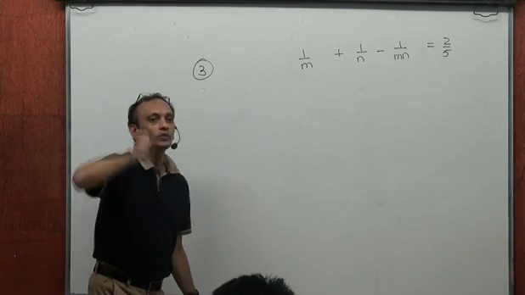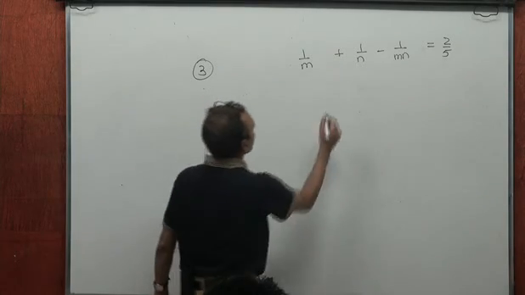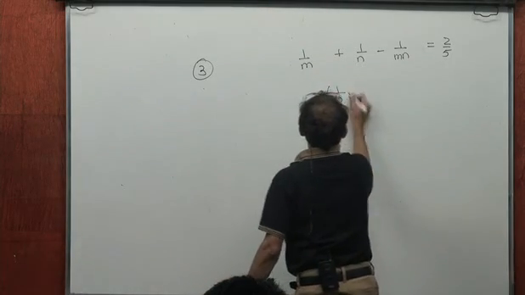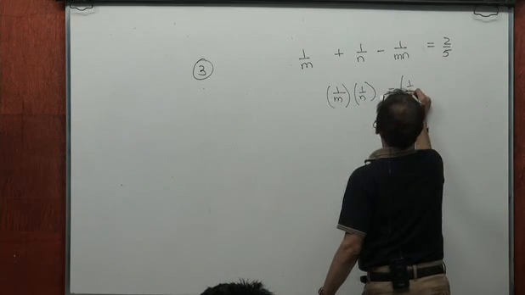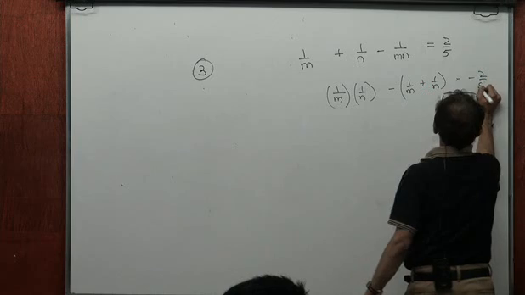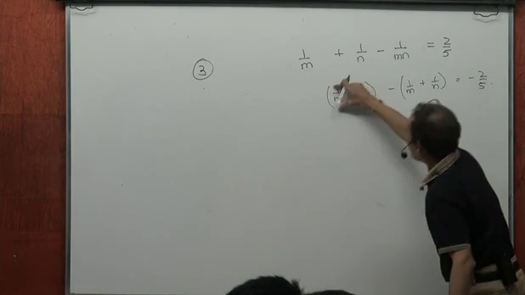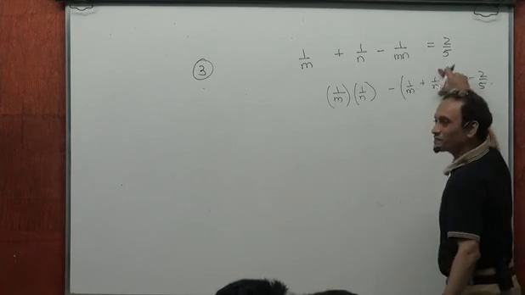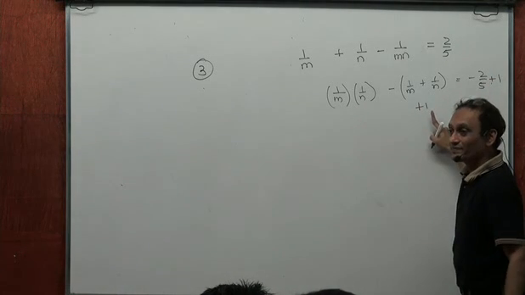What I do is I reduce it to a known template first. In the sense, 1 by m into 1 by n minus 1 by m plus 1 by n equals minus 2 by 5, isn't it? See, it's like xy minus x plus y. So I add 1.